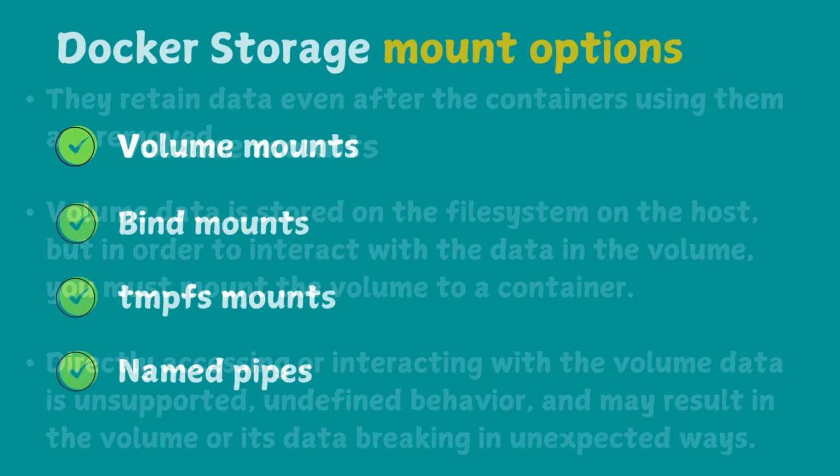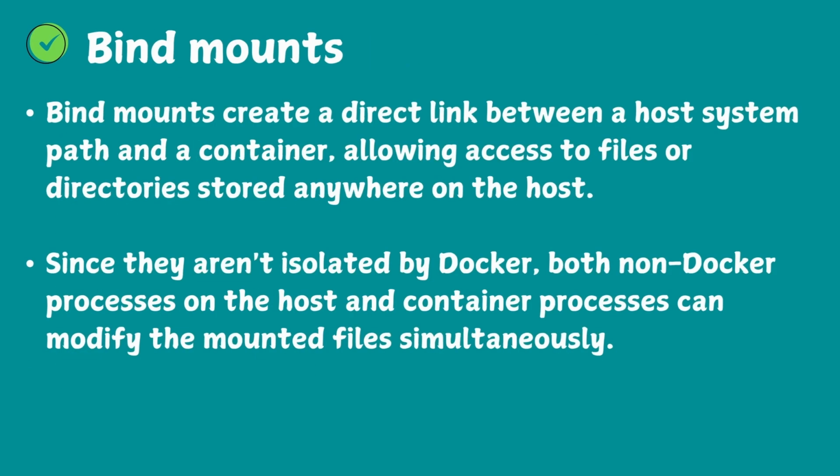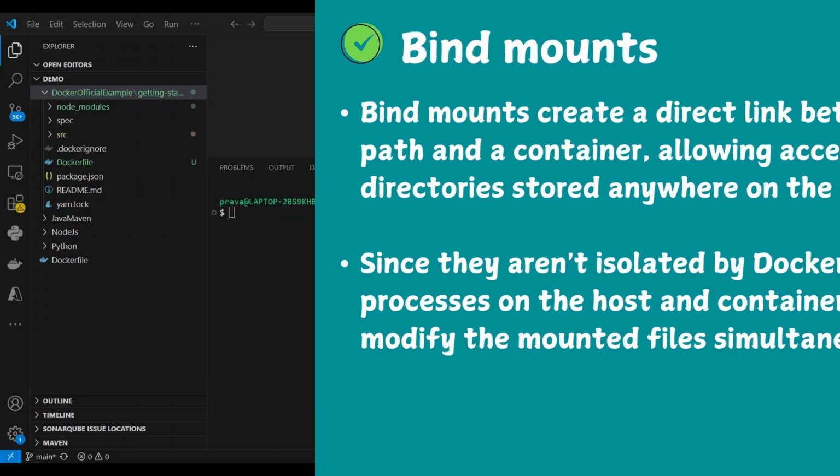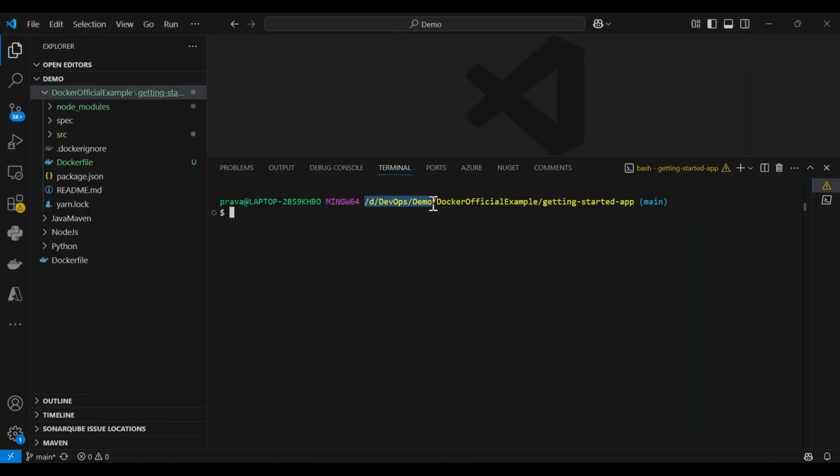Next is bind mount. In bind mount, we directly attach or mount our local path, for example C temp or C DevOps, or in our case let's say D DevOps demo, whatever. You can directly map this folder to any folder in the container's file system.